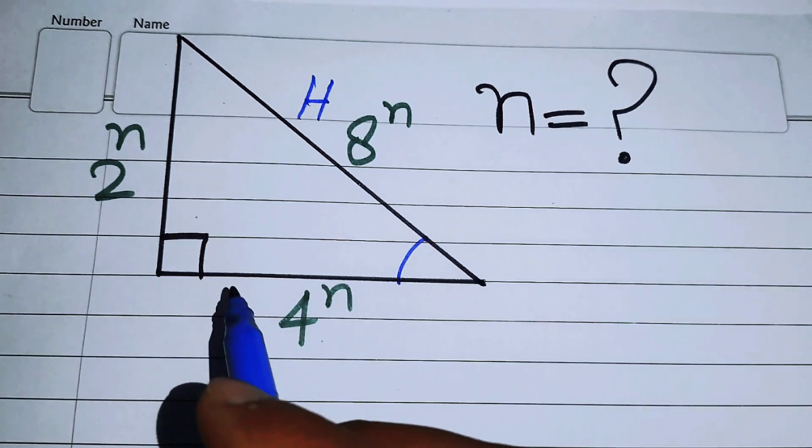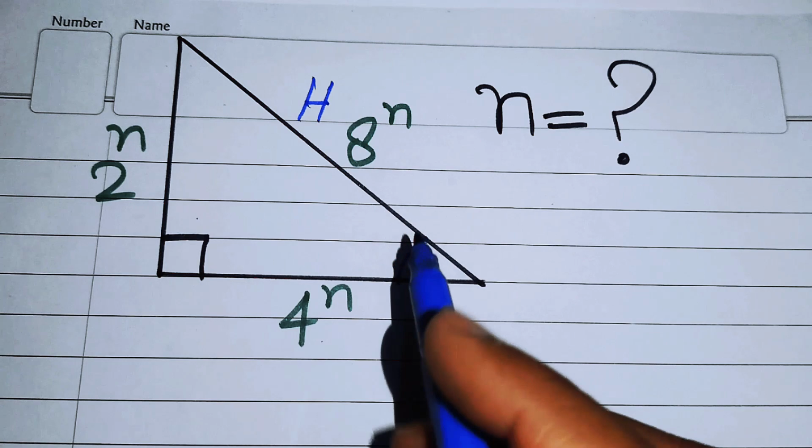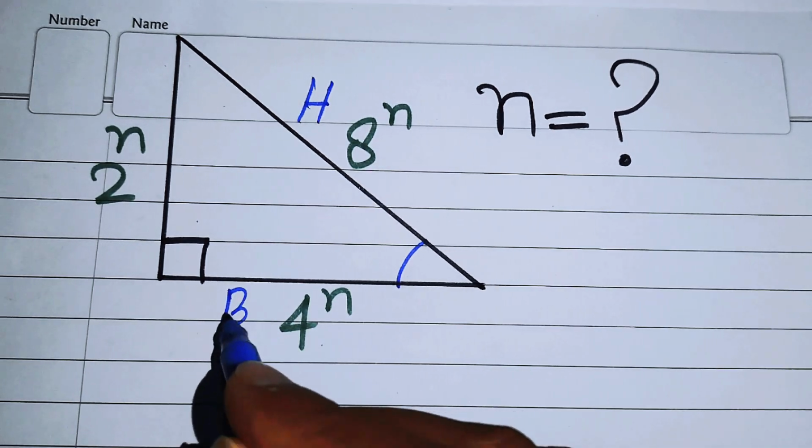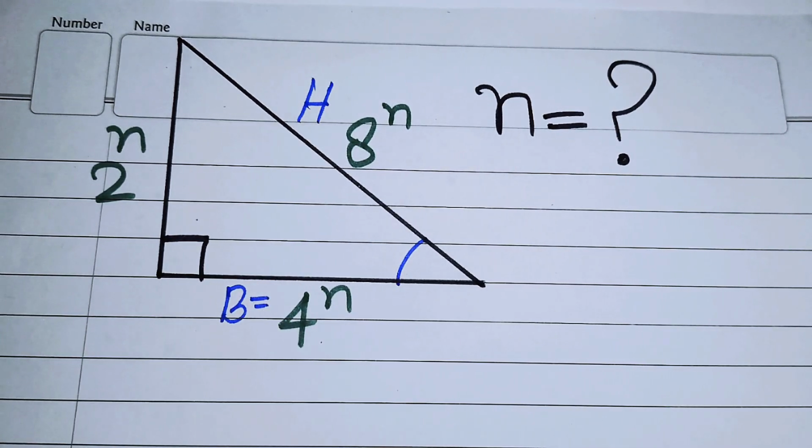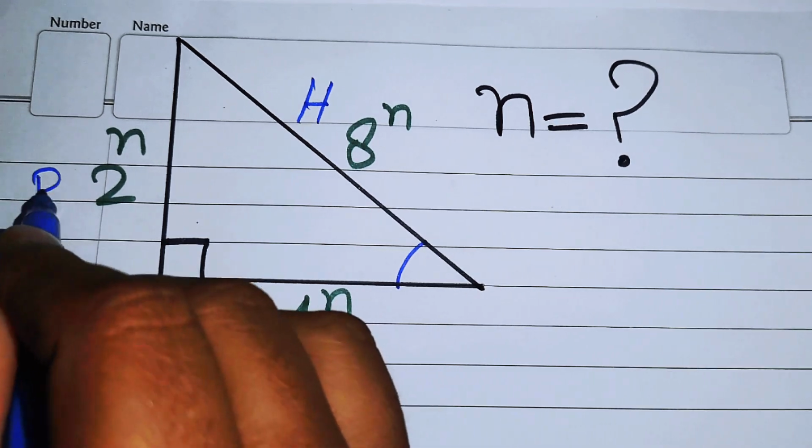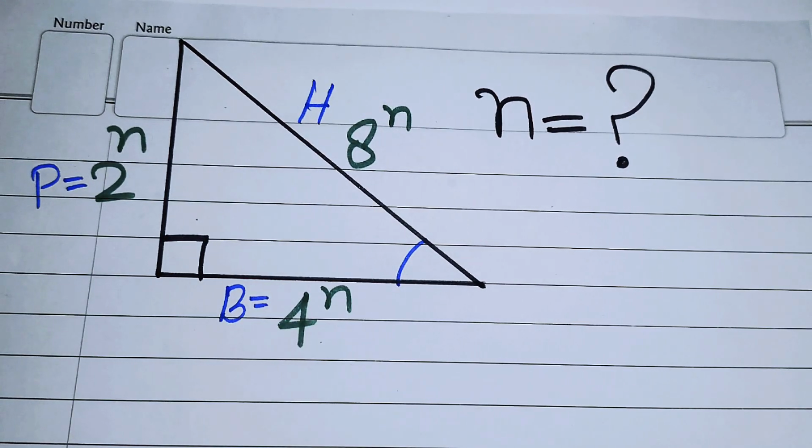Similarly, the side which joins these two angles is known as the base. So this side is called the base, and this side is called the perpendicular or altitude.